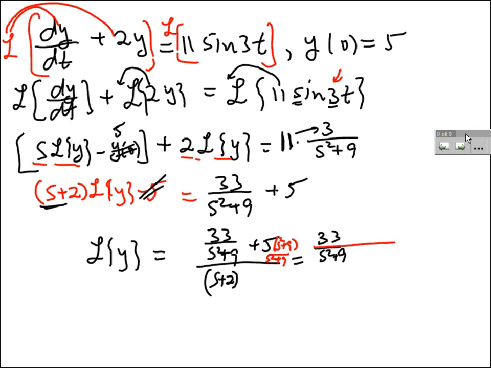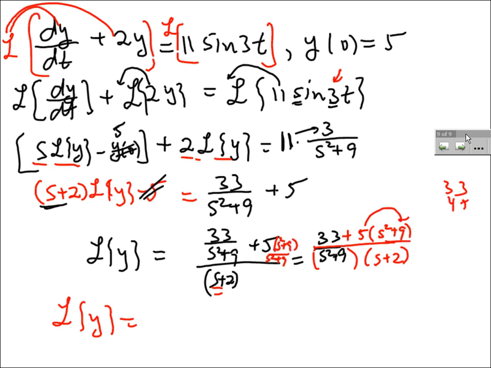So actually, it's 33 plus 5 times (s squared plus 9). And at this point, I hope you know that the s plus 2 just comes up here as well. So L of y is 33 plus 45, which is 78, plus 5s squared: 5s squared plus 78 all over (s squared plus 9) times (s plus 2).